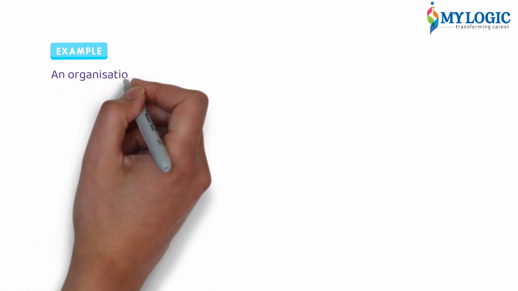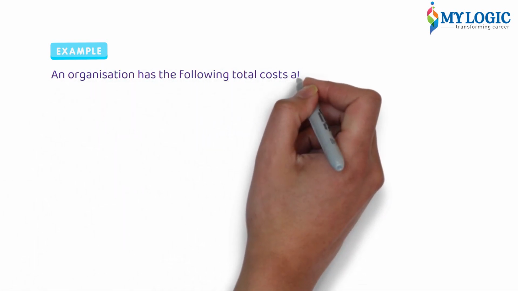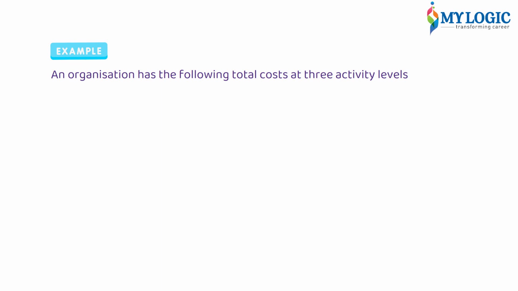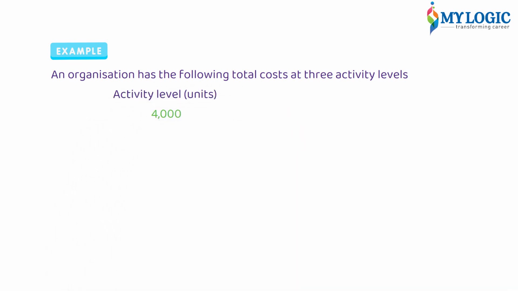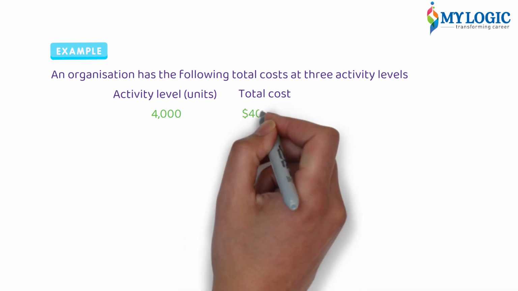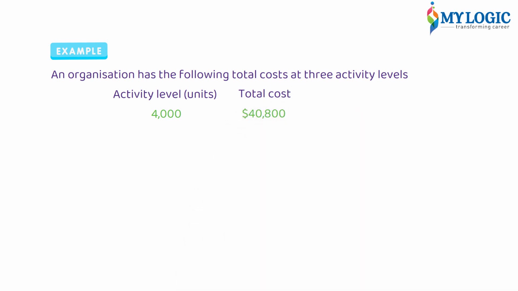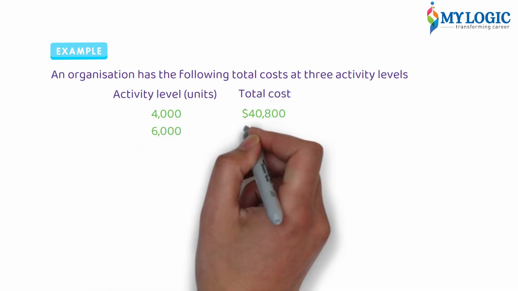An organization has the following total costs at 3 activity levels. For activity level in units 4,000, total cost $30,800. For activity level in units 6,000, total cost $50,000.